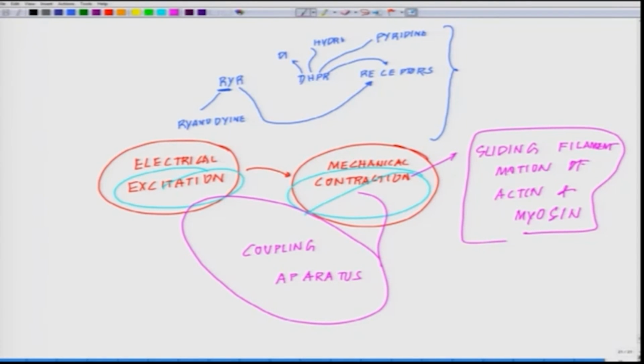whereas electrical excitation comes at two levels. One is an action potential from the alpha motor neuron.